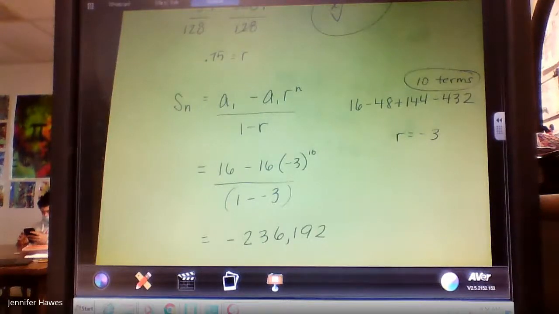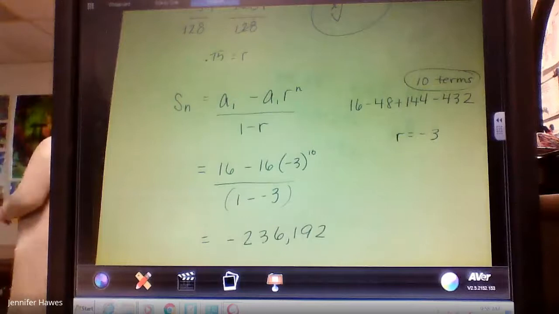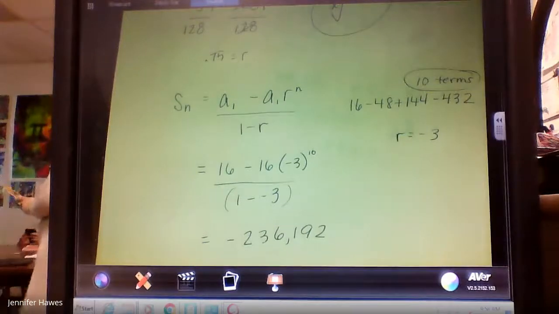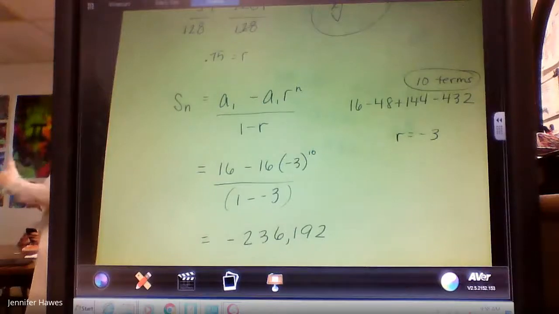So you got what you should be getting? You got that number? No, I got 180 instead of 192. I got 180 as well. Okay, you have to type in the whole line, hit enter, and then divide by 4.